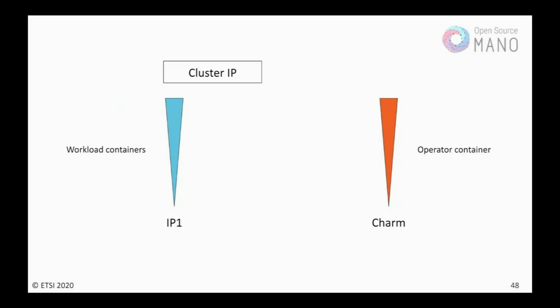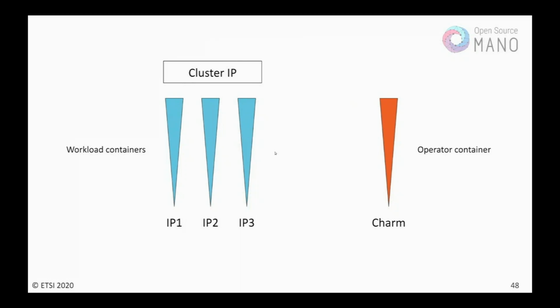Okay, and then we have the workload containers. In this case, we have one workload container that has the IP1. Okay, but Kubernetes assigns a cluster IP to this application. Okay, so basically, if you go to this cluster IP, Kubernetes will automatically balance between the different workloads.